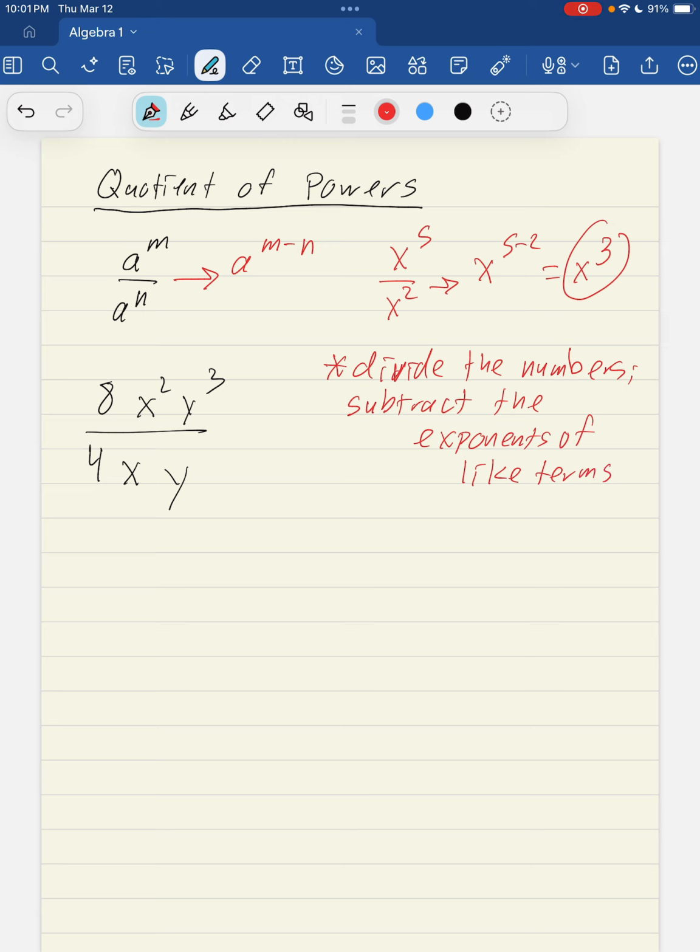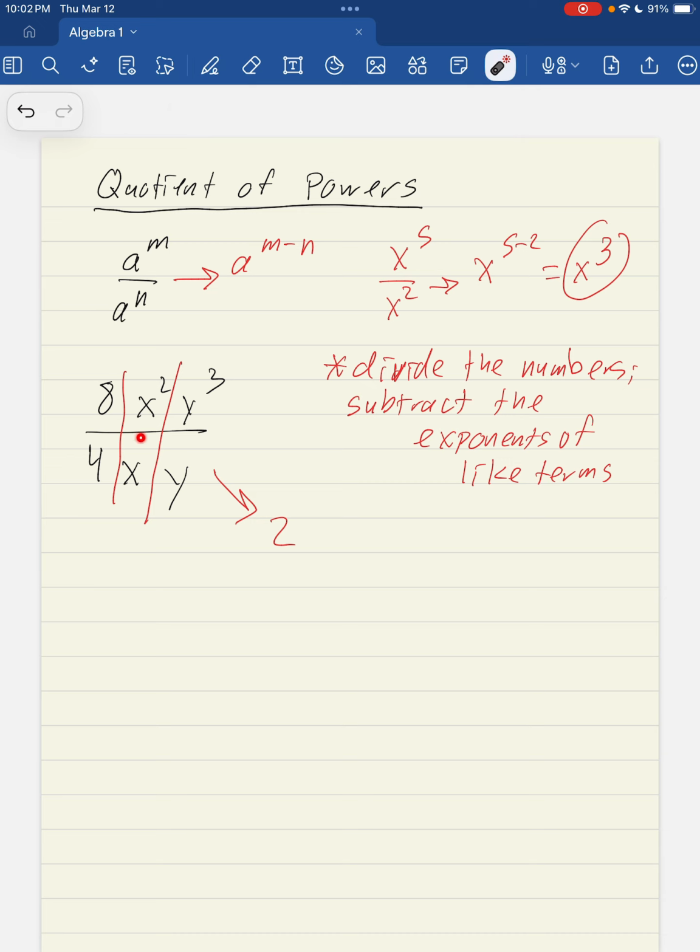So you could even split this up. So you kind of go, all right, well, what's this going to be? Well, this is going to give us 8 divided by 4. That's a 2. And then we're going to subtract the exponents of my x's.